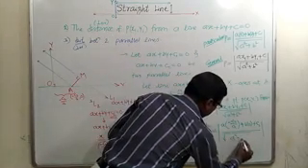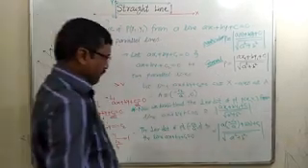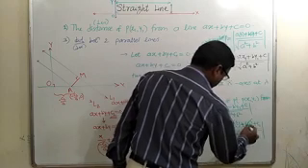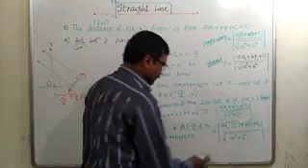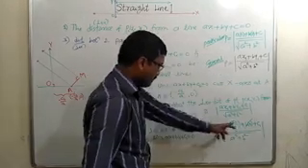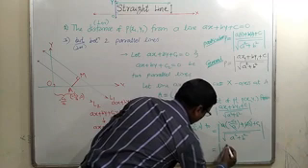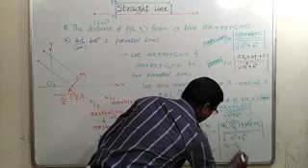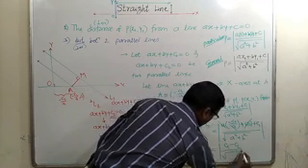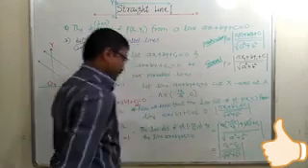So we get a square plus b square. Let us simplify here. Here b into 0 gets cancelled, b into 0 is 0. Here a gets cancelled, remains only minus c2 and this is plus c1. So we get this is equal to c1 minus c2 upon root a square plus b square.